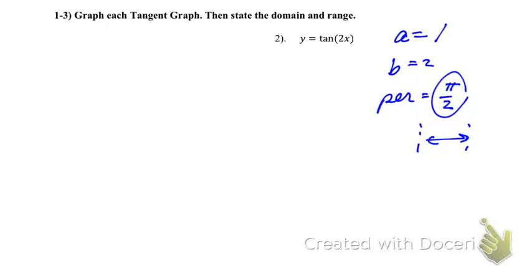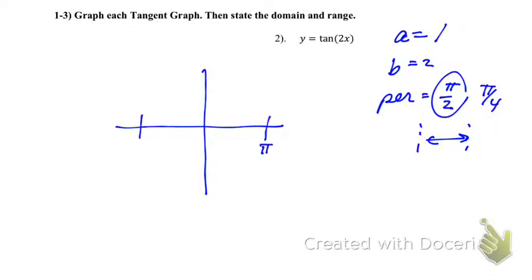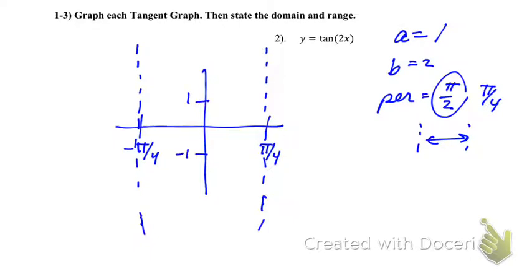So if I divide that in half, I get pi over 4. When I draw my graph, where are my asymptotes going to be? Positive pi over 4 on the right-hand side, negative pi over 4 on the left-hand side. There are my two asymptotes. My a value is 1, so my y-axis will be labeled positive 1, negative 1, and 0.